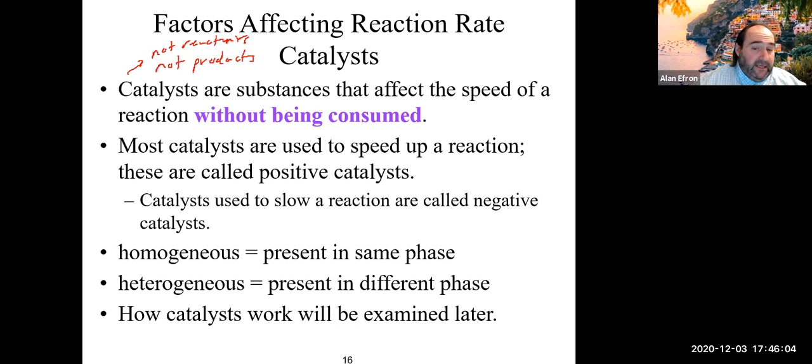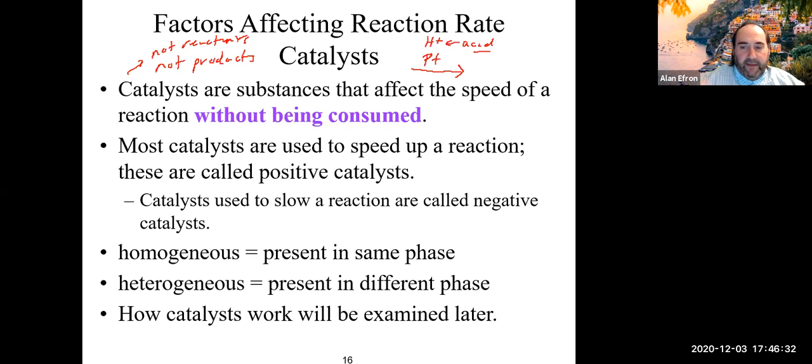We oftentimes will see catalysts written in chemical reactions on top of the arrow. Maybe it'll say something like platinum there. Maybe it'll say something like H plus, which means an acid is being used as a catalyst. And as we'll talk about towards the end of this chapter, catalysts basically can speed up a reaction by finding an alternative pathway for that reaction to take place.